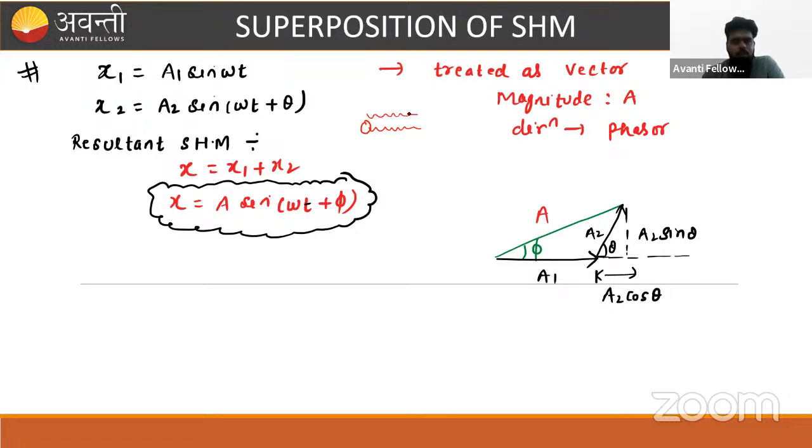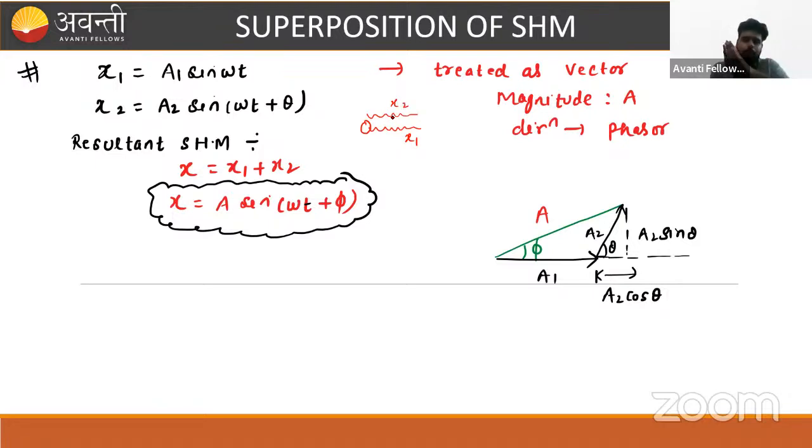Suppose two SHM are applied on a single particle, and x1 is the displacement of the particle corresponding to the first SHM, and x2 is the displacement of the particle corresponding to the second SHM.